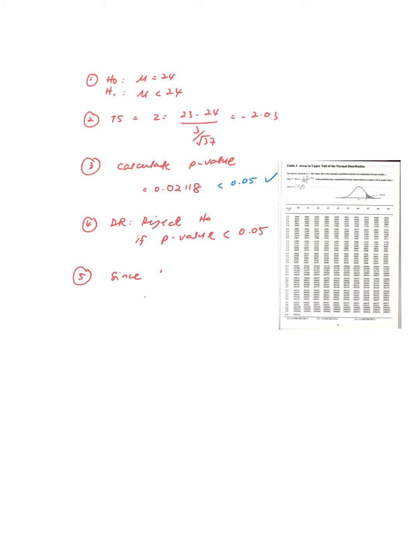since the p-value is equivalent to 0.02118, which is less than 0.05, then reject H0. When we reject H0, meaning that we can say that the test is significant. You have to mention whether to reject or not. So we reject the null hypothesis, meaning that the test is significant.